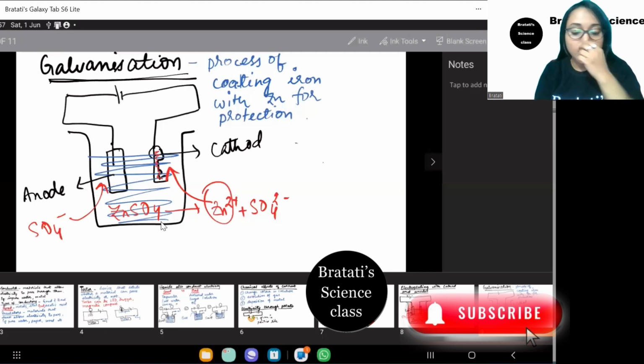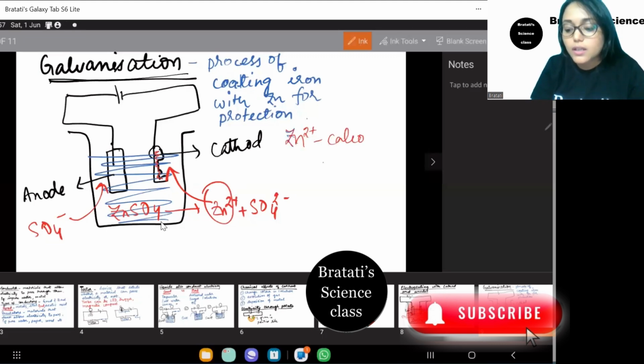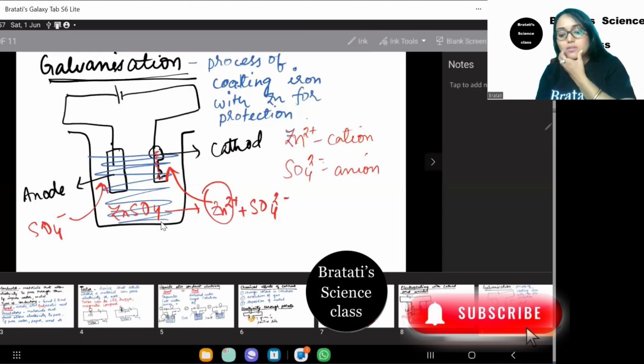So here, can you tell me what is the anion and what is the cation? Zn2+, this is the cation, and that will go to the cathode part, and SO4 2-, this is the anion, right? So this is the cation and this is the anion.